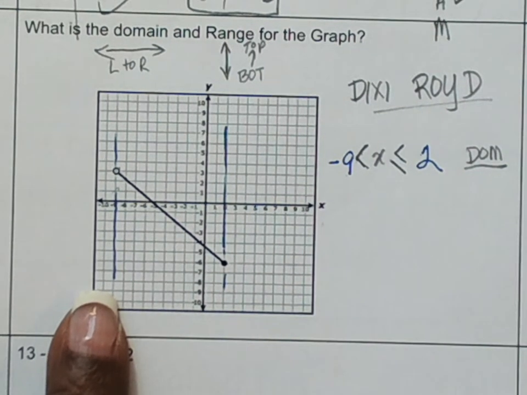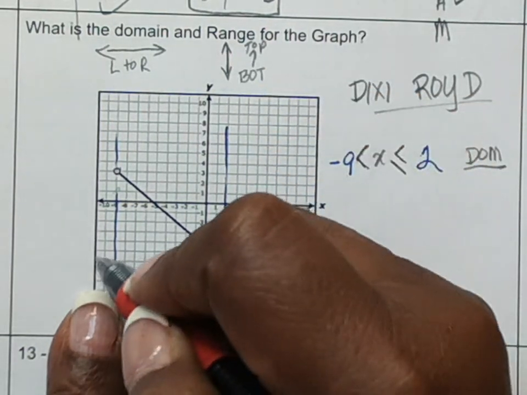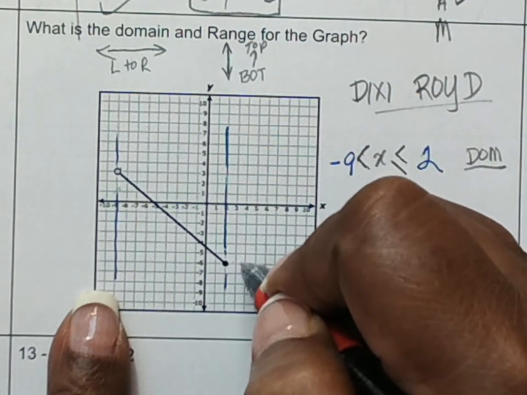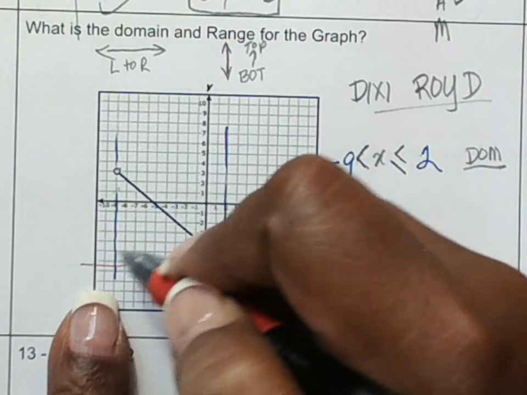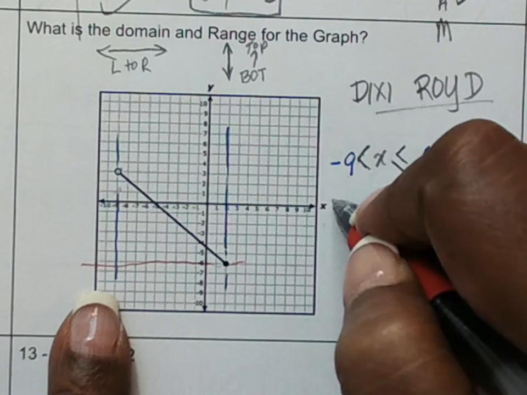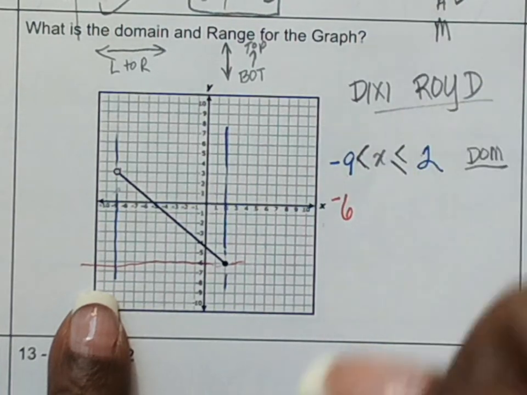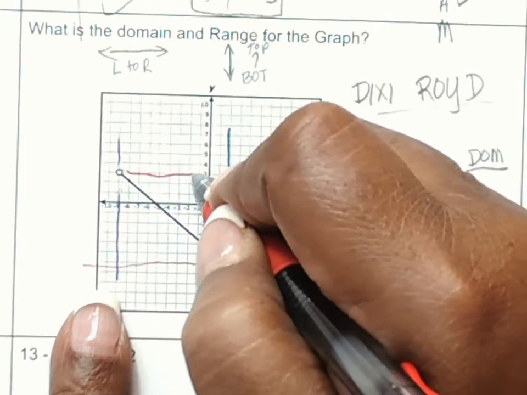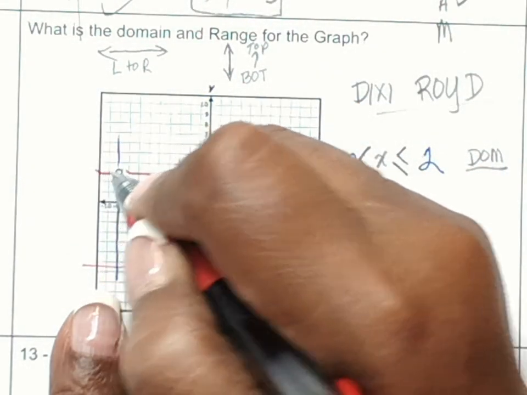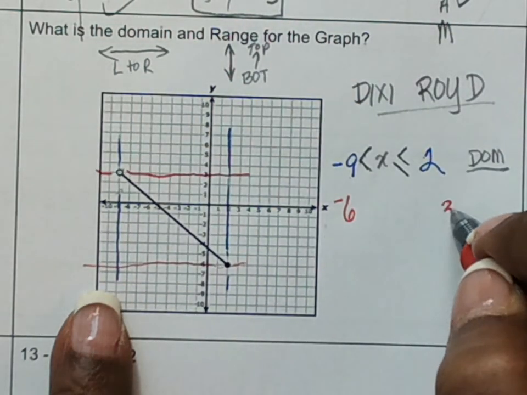Now let's go look top to bottom. I'm going to start at the bottom and see that if I draw a line through this graph right across, I think I'm touching the y-axis at -6. And if I go to the top of the graph and just draw a line, I think I'm touching it at 3.